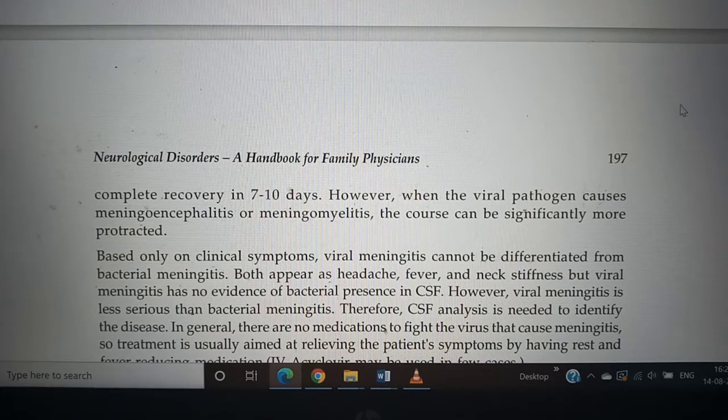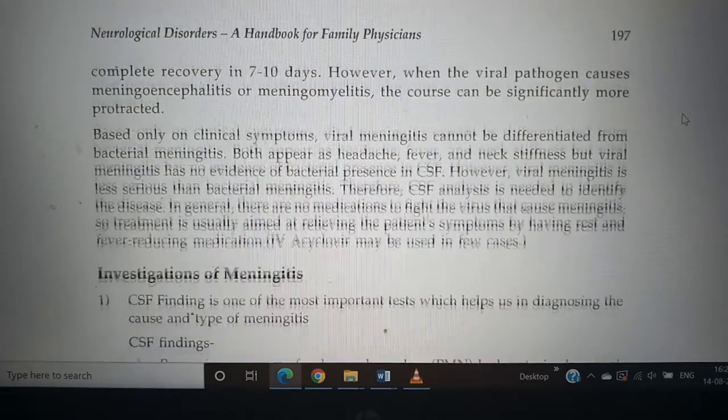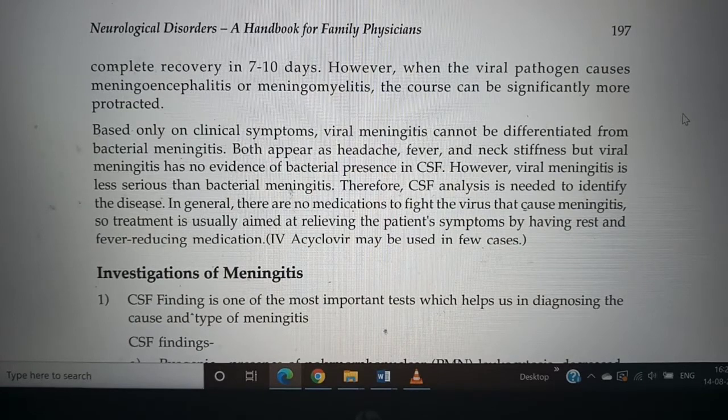The virus can be killed and the body will overcome the infection. Similarly, viral meningitis can be overcome in 7 to 10 days by the human body, but sometimes the virus can lead to meningoencephalitis and meningomyelitis.